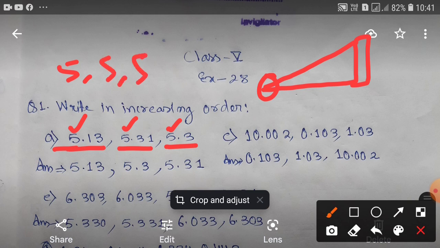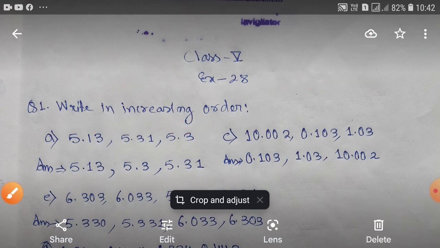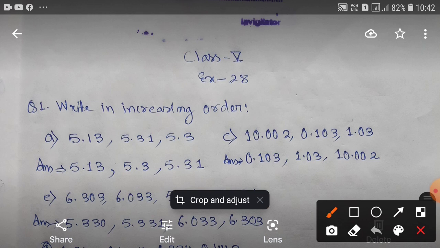Now since they are same, so we'll move on to the next digit, that is after the decimal point or the decimal part. So here you see 1 is there, here is 3 and here is also 3. If you see 1 is smaller than both these 3, therefore we'll take 5.13 first. Now we will compare these two, 5.31 and 5.3.